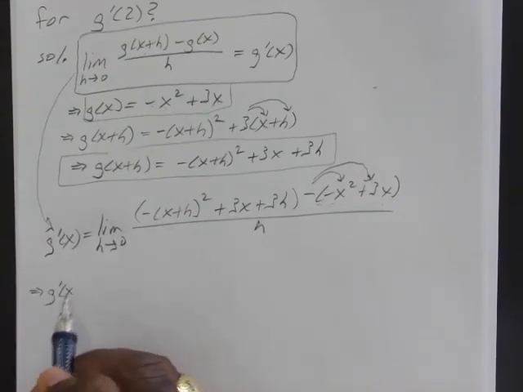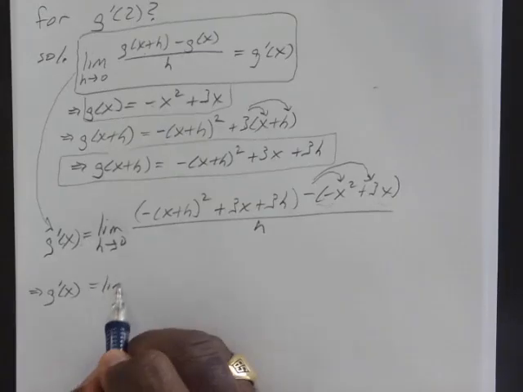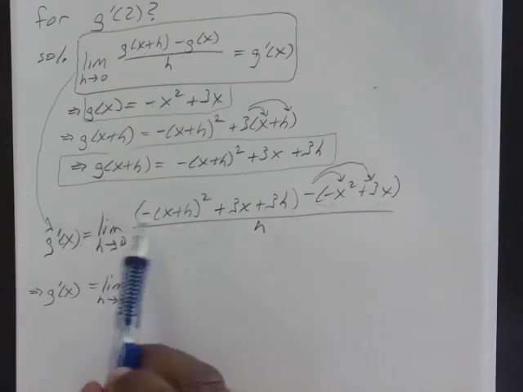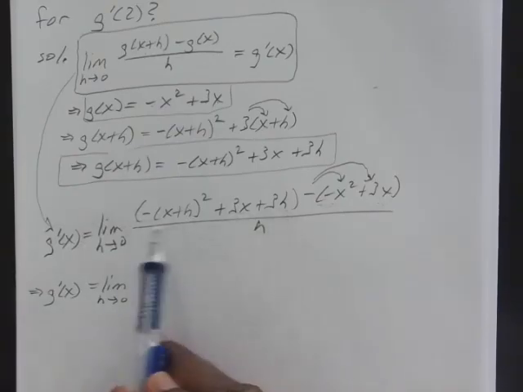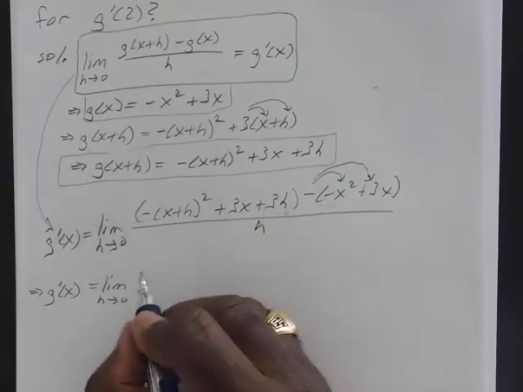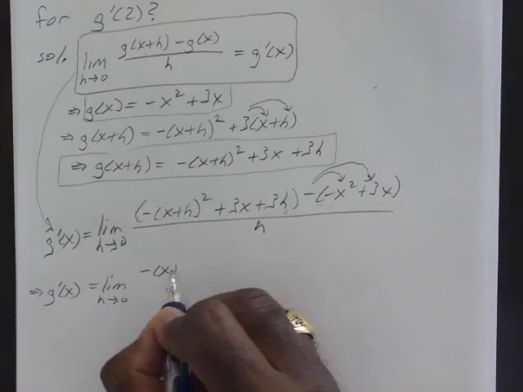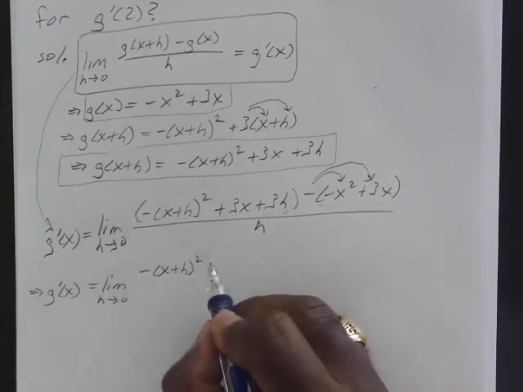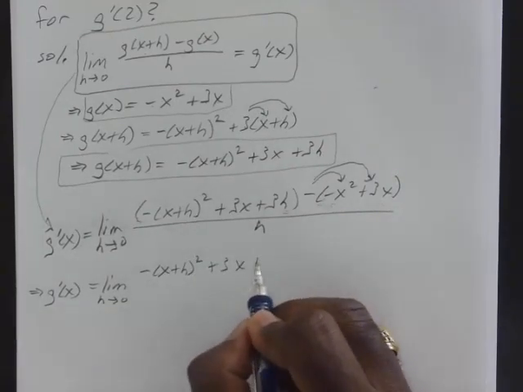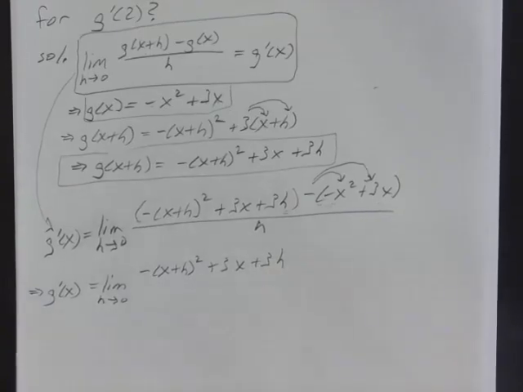So that means your g prime of x is equal to the limit as h approaches 0. Since this polynomial is positive, we can just drop the parentheses. So negative x plus h squared plus 3x plus 3h.